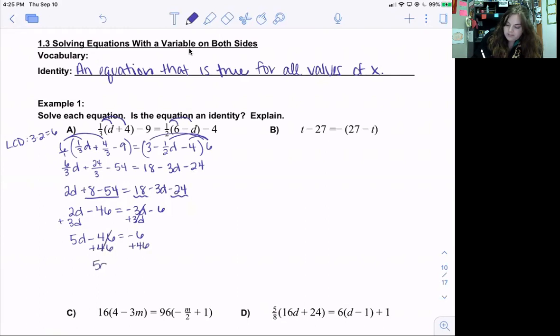So 5D equals negative 6 plus 46, which is 40. Then divide both sides by 5, and D equals 8. So because we have a solution, that means that 8 is the only value that will make this equation true, which means no, it's not an identity.